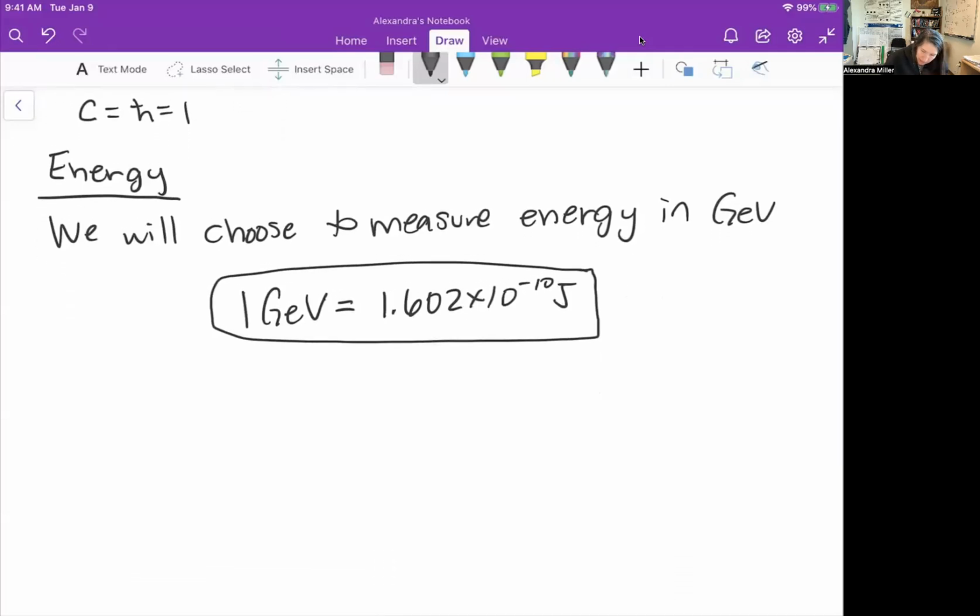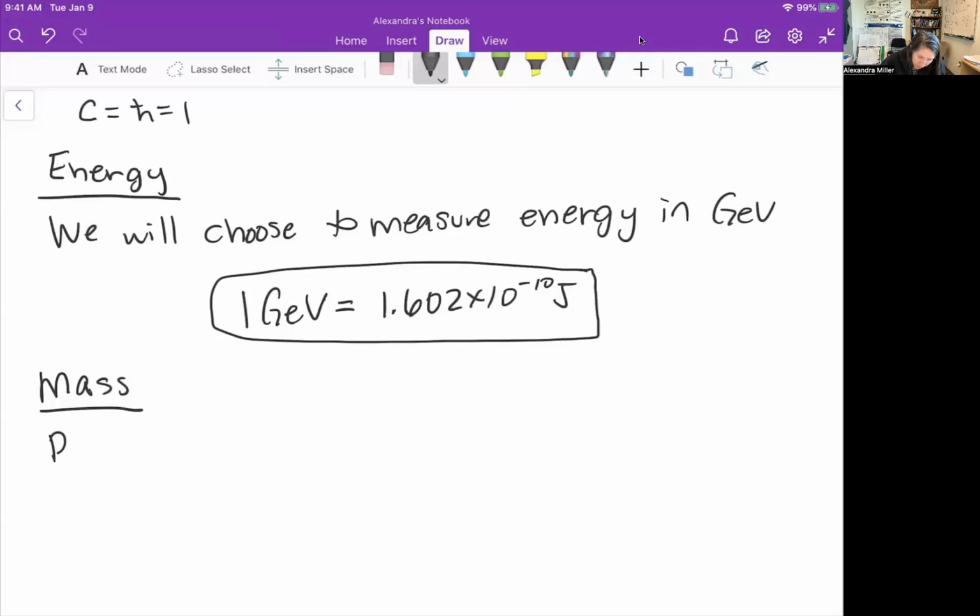Okay, so another variable that we might be very interested in in particle physics is the mass of our particles or other things. And so we want to think about a different way of measuring mass, such that we can measure the mass as some power of GeV. At the end of the day, we want all of our variables to be expressed as some power of energy, which is to say some power of GeV.